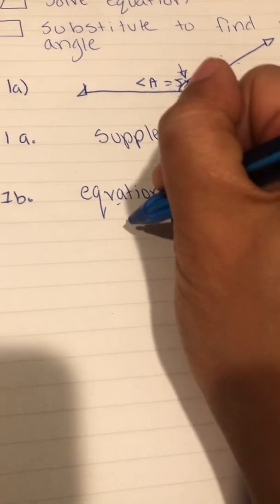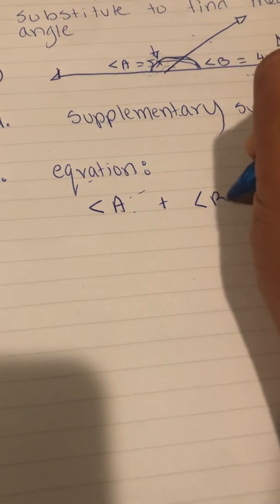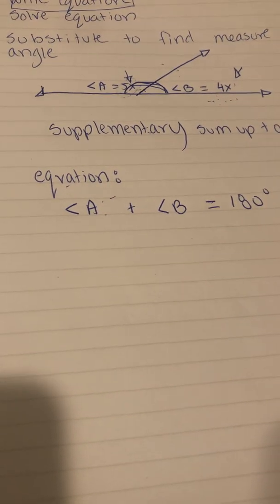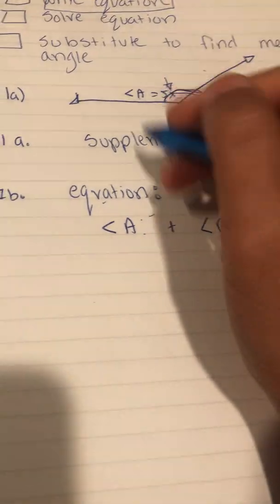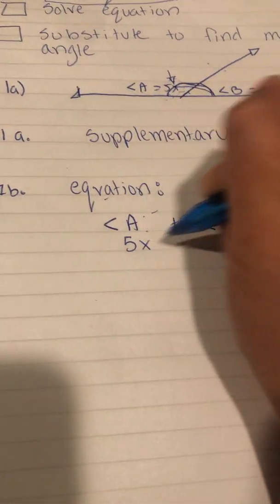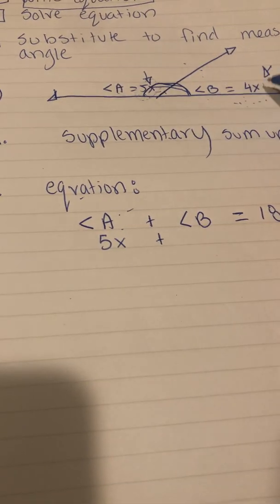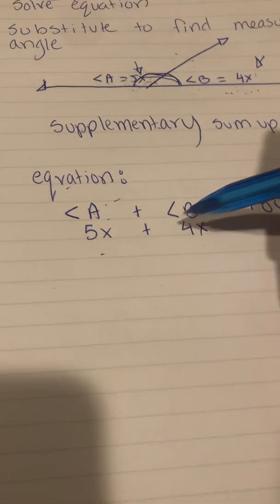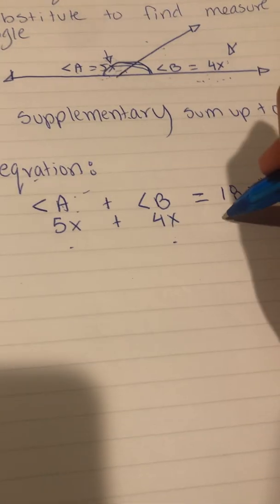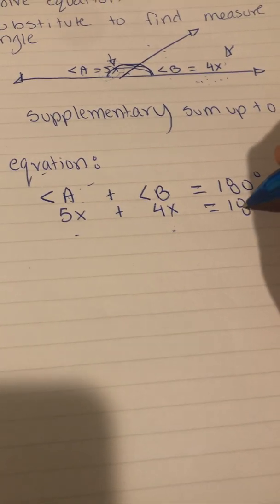So with my equation, we know that angle A plus angle B, because they're supplementary, if I add them together, I have to get 180 degrees. Cool. So now substitution comes into play. We know that angle A is 5x plus, we know that angle B is 4x. So instead of angle A, I'm writing 5x. Angle B, I'm writing 4x, equals 180 degrees.